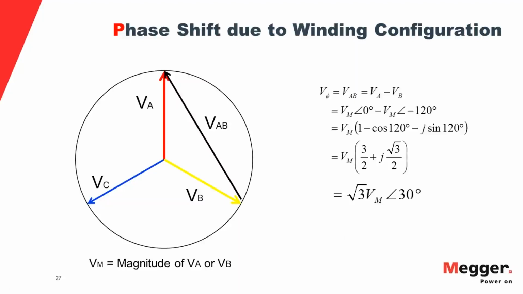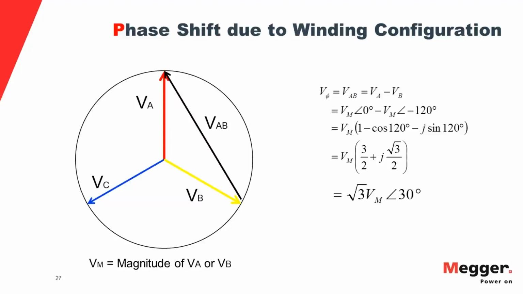Electromechanical relays use a concept of external compensation. By external, it means that electromechanical relays will always require a change in the CT winding configuration. So if I have a delta Y transformer, I would connect my CTs on the delta side as Y, and on the Y side of the transformer, I would connect my CTs as delta.